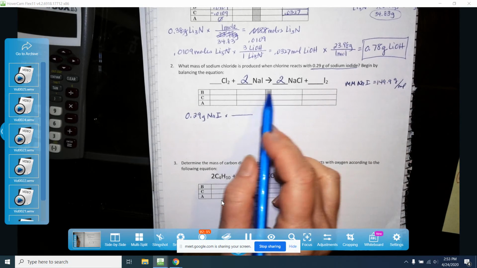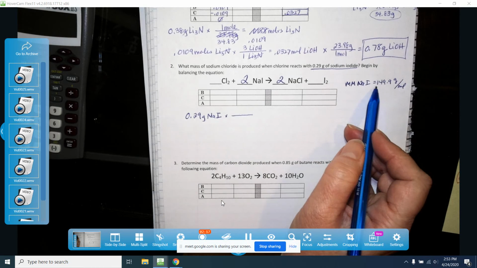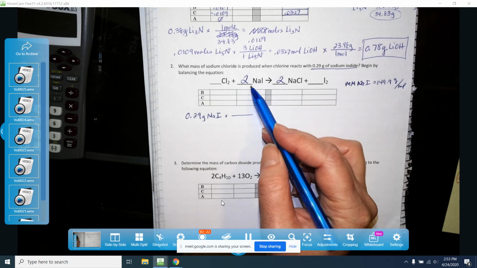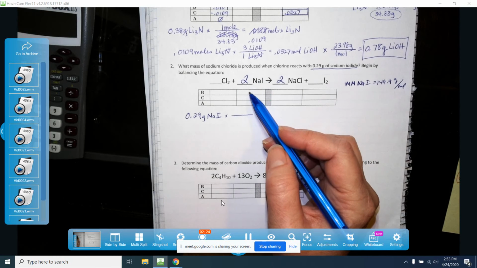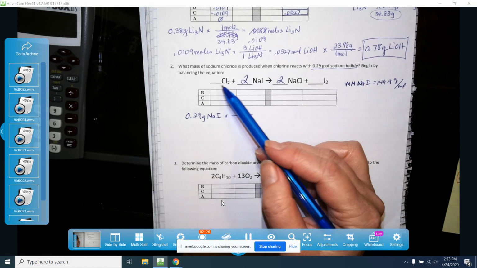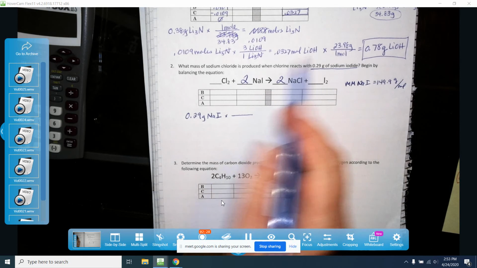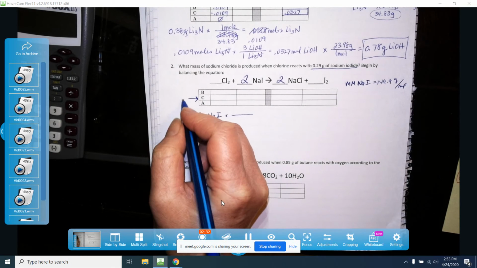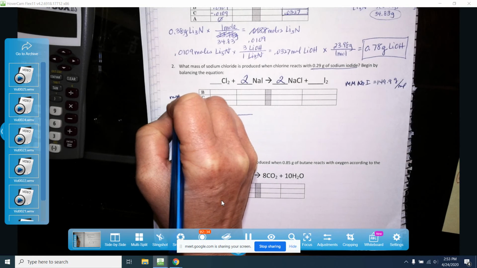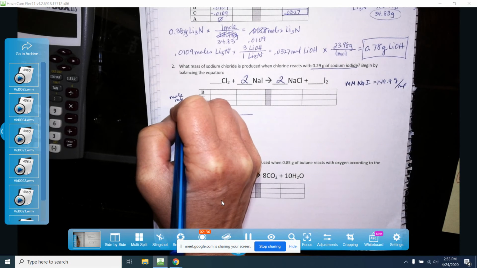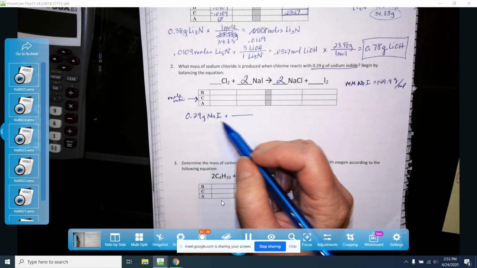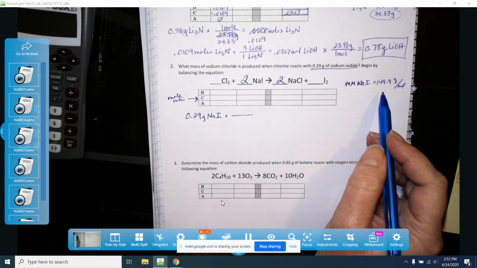And some of you are thinking, okay, I need to multiply that by 2 because this says 2 sodium iodides. Don't do that. The only time we're going to use our coefficients is this row right here. This is where the mole ratio gets used. We don't use it anywhere else. So when we're converting grams to moles, it's just the mass of 1 mole.